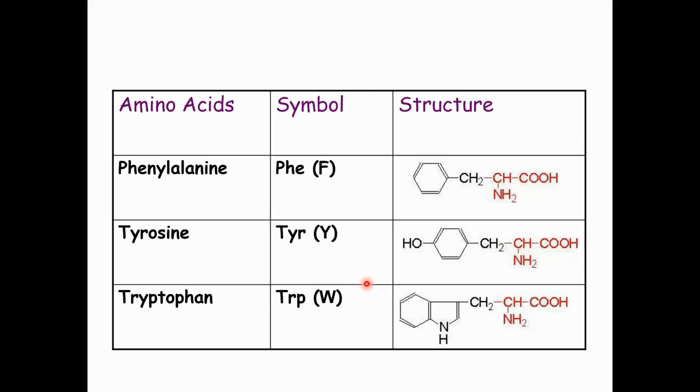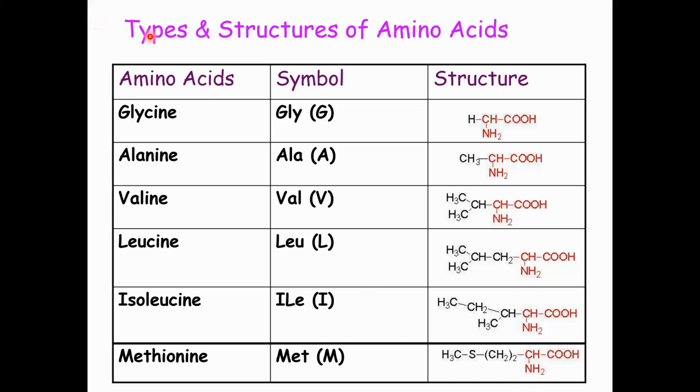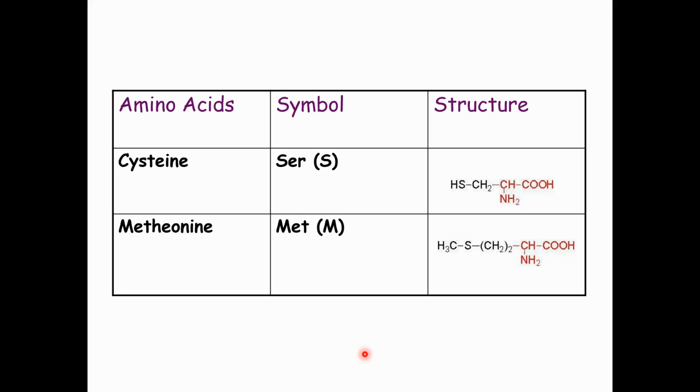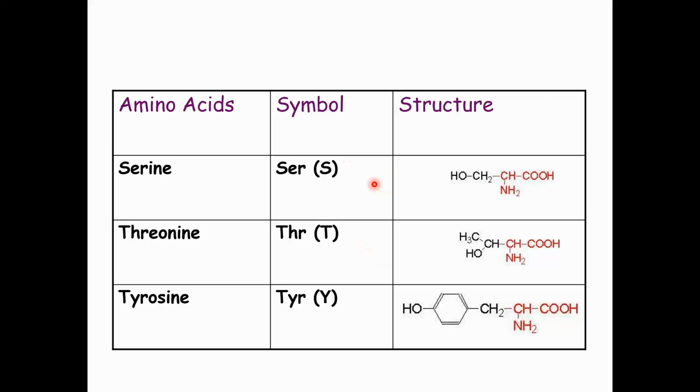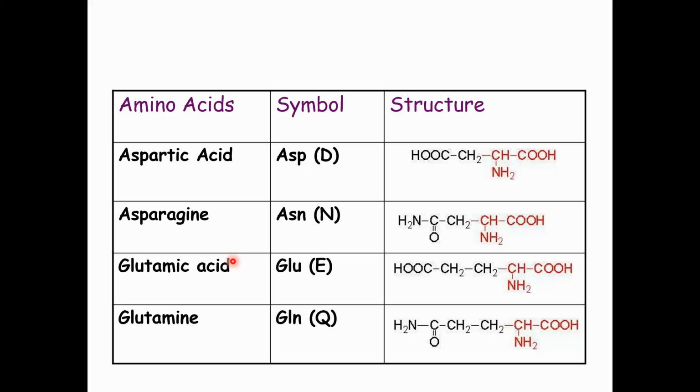For glycine we use G, for leucine and isoleucine we use I, for methionine we use M, and for cysteine we use C. For serine we use S, for threonine we use T, but for tyrosine we use Y. We get confused with tyrosine. For tyrosine we do not use T, we use Y. Keep this in your mind: for tyrosine we use Y.